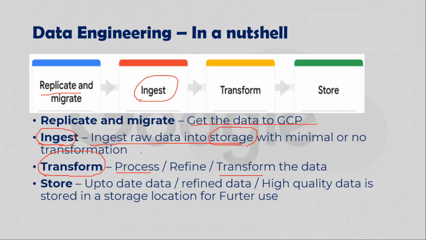Typically in transformation, you clean the data, remove the errors, handle the missing values, refine it, and enrich it, converting raw data into high quality data. Around 70% of the effort in data engineering will be spent in transformation. This is very important, the core and almost the heart of data engineering.